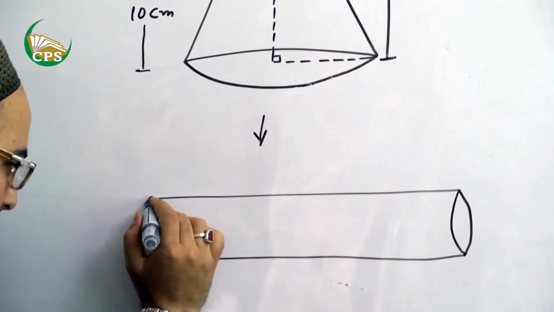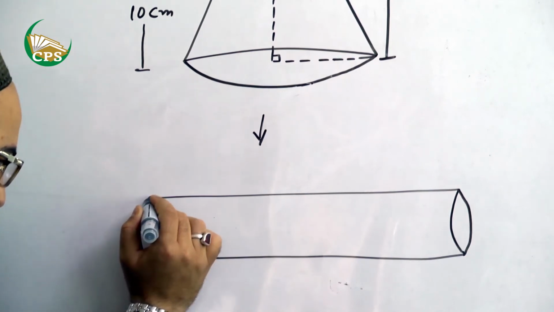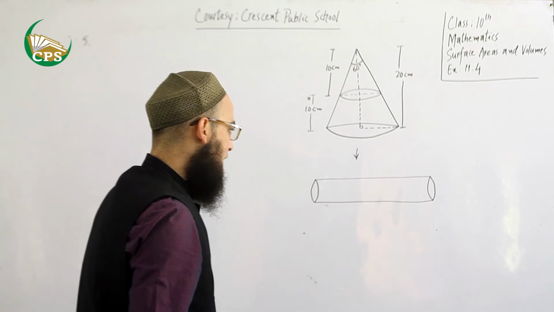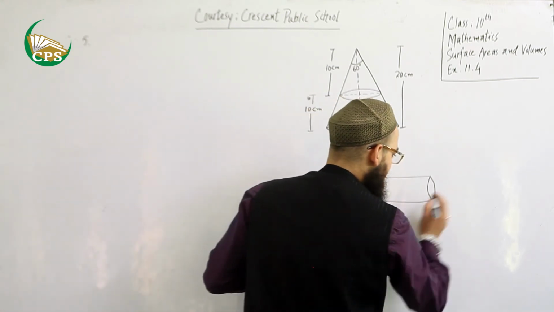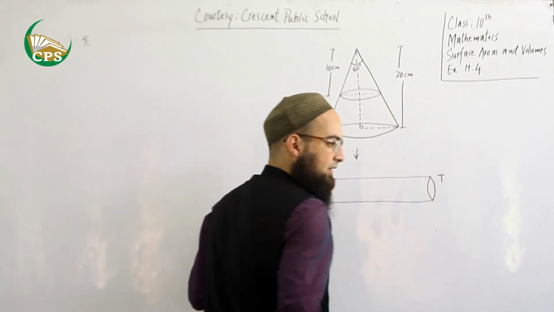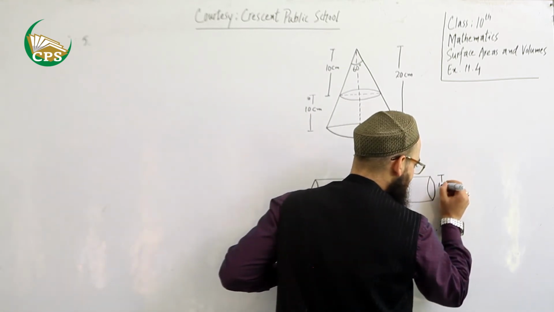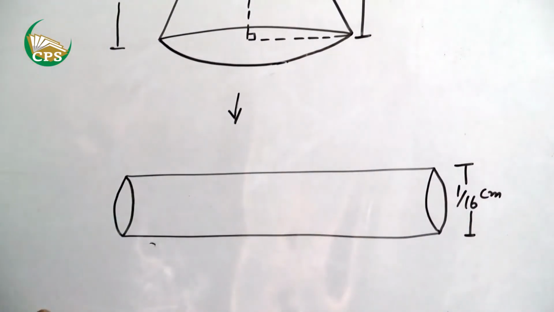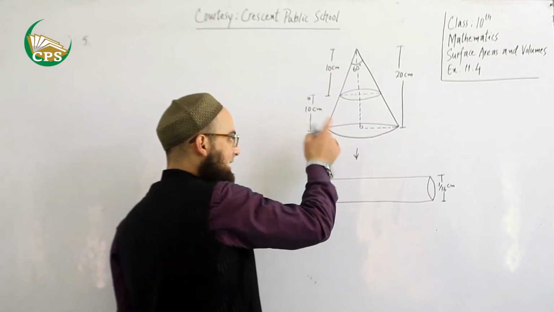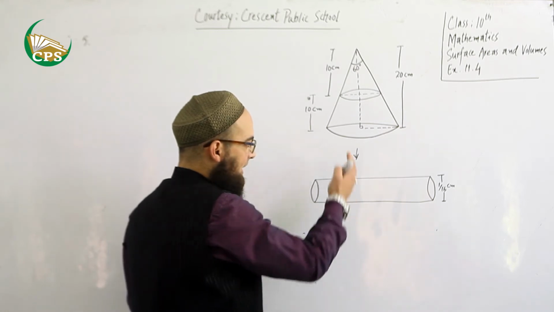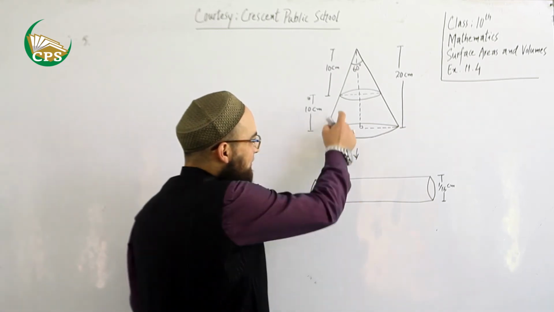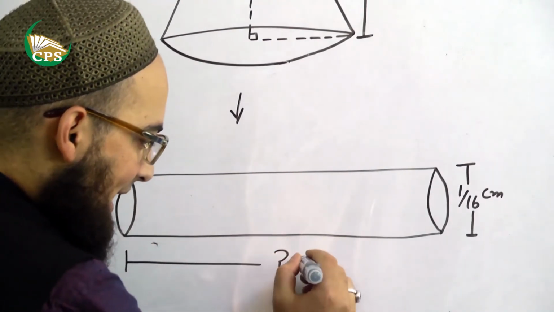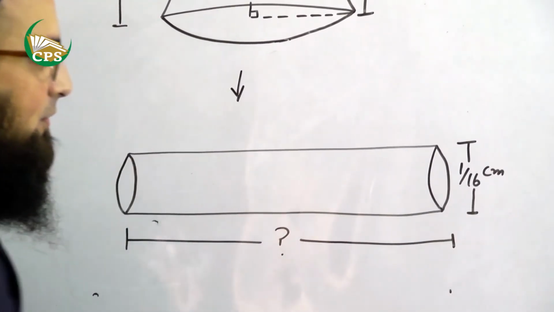Just like this, the frustum is drawn into a wire of diameter 1 by 16 centimeter. This is the diameter of the wire made by drawing this frustum into the wire. Now what you need to do is find the length of this wire.